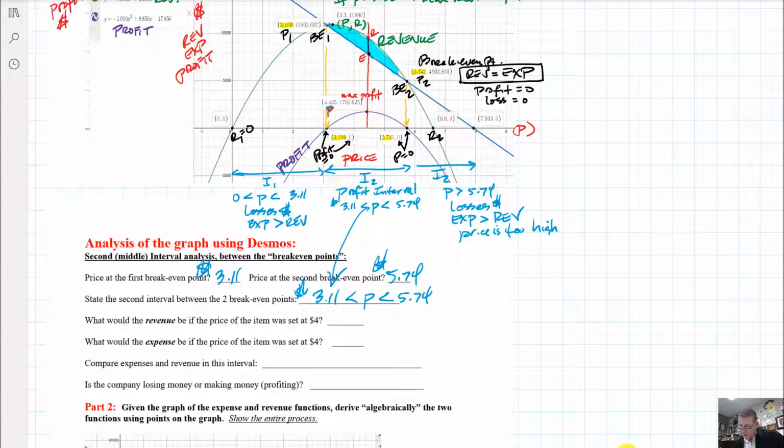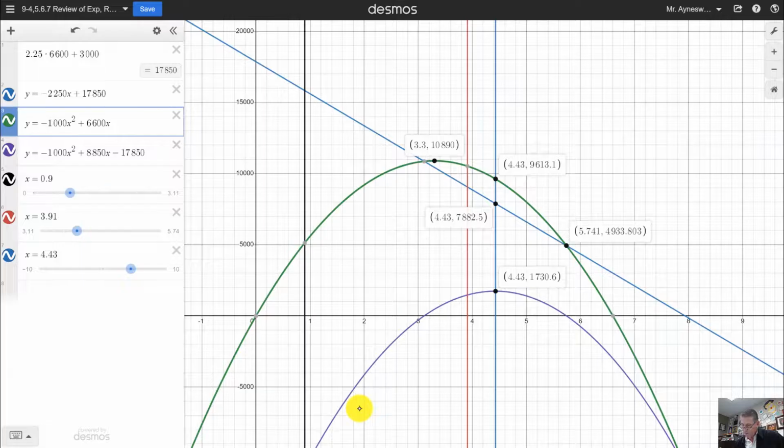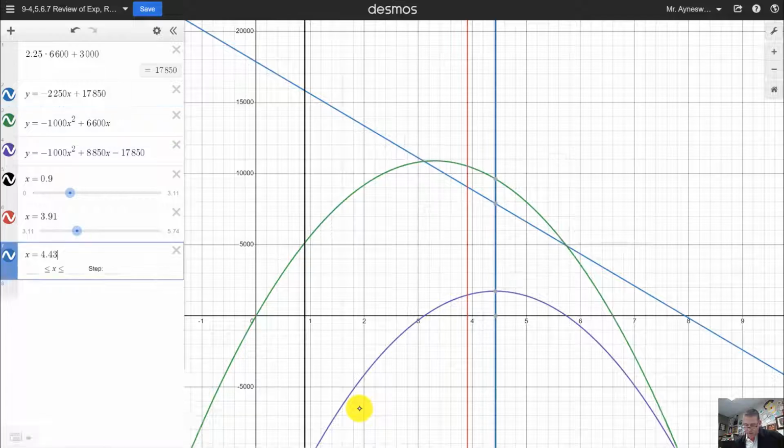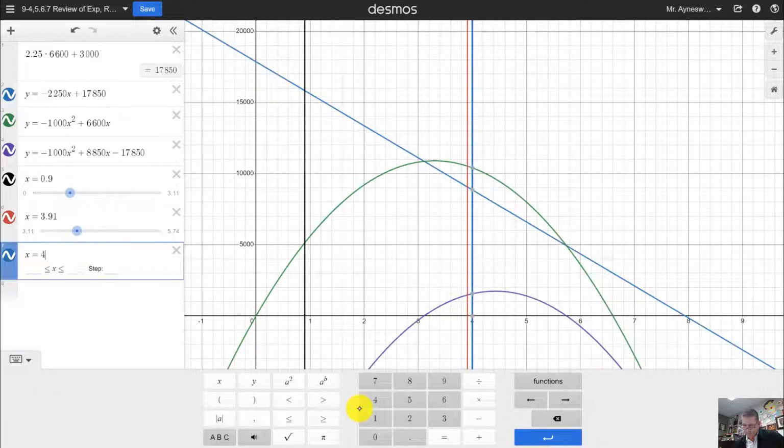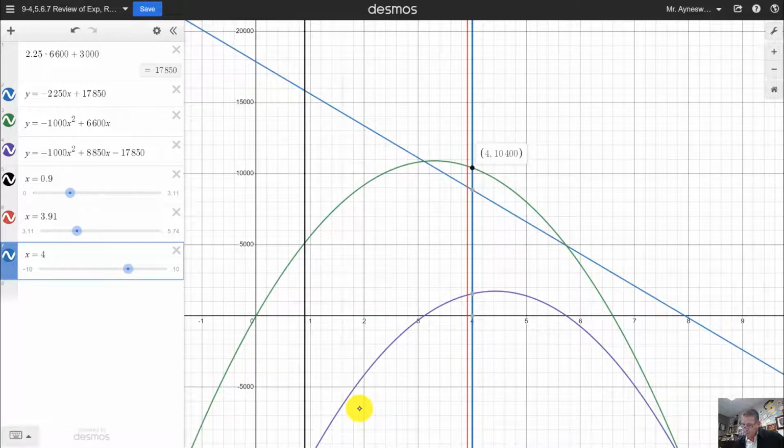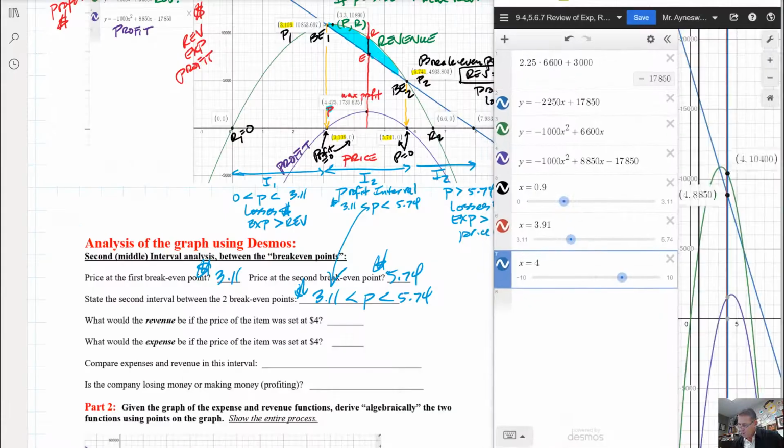What would the revenue be at $4? Let's use decimals for that. So let's go back here and let this be 4. There's your revenue and there's your expense. Notice that revenue is greater than expense. So on this one, let's write these two numbers in here.